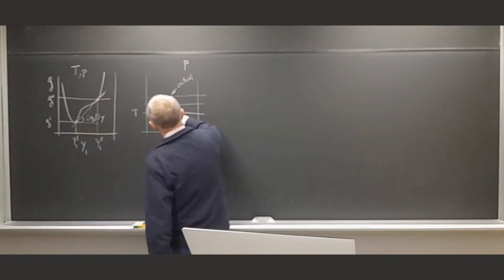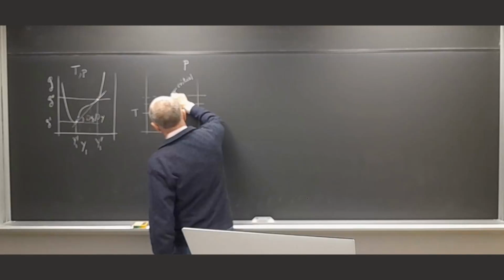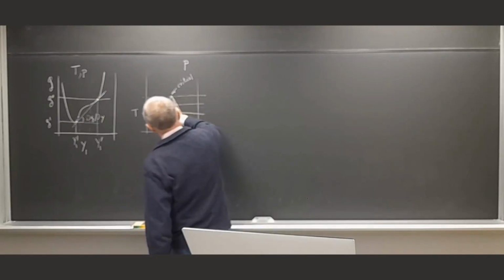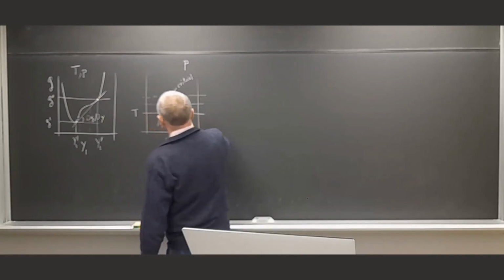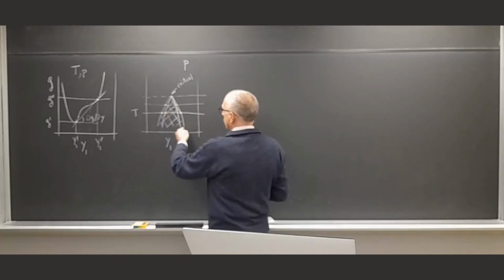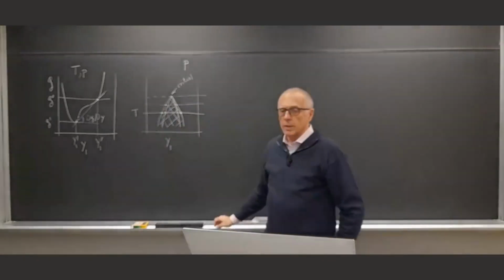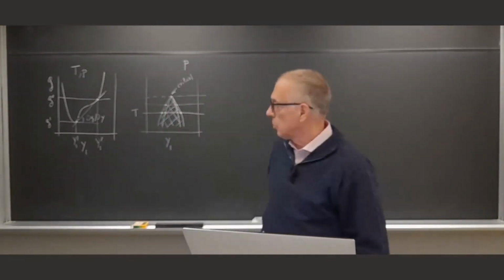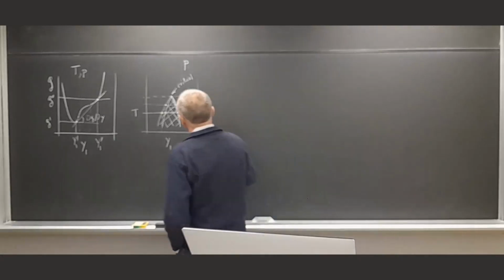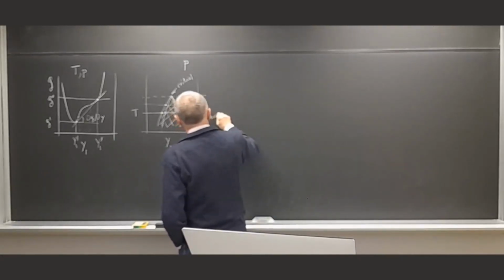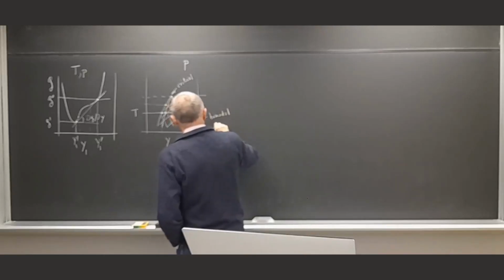So this will identify another curve inside here, the locus of all these other points. This other curve is what we will call the spinodal curve. So usually this one is called binodal, and the one inside, that's the spinodal.